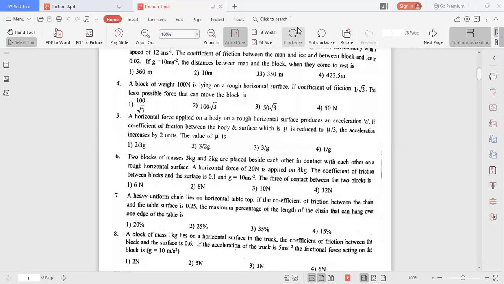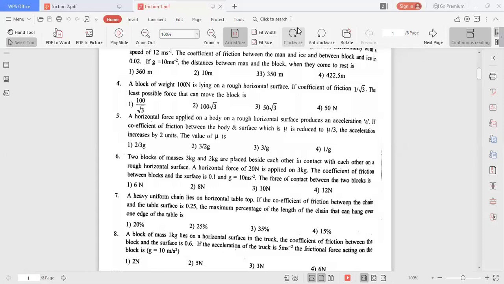For the fifth problem, option is 3. Yes, option is 3, that is correct. Okay, fifth problem, all of you see the problem.